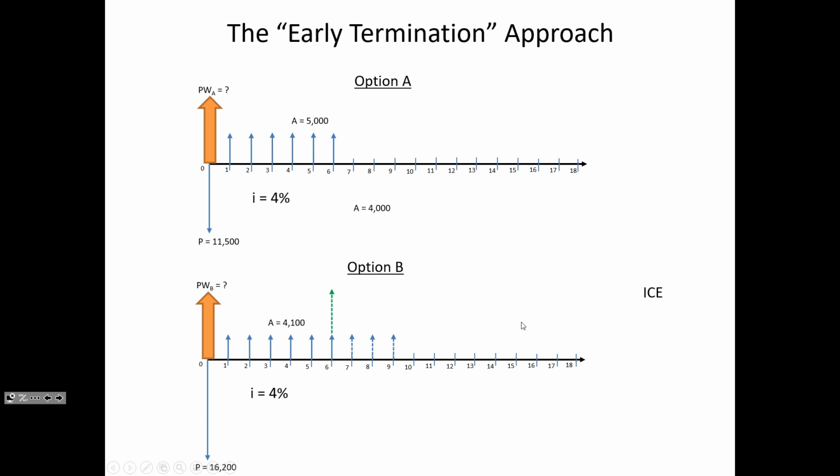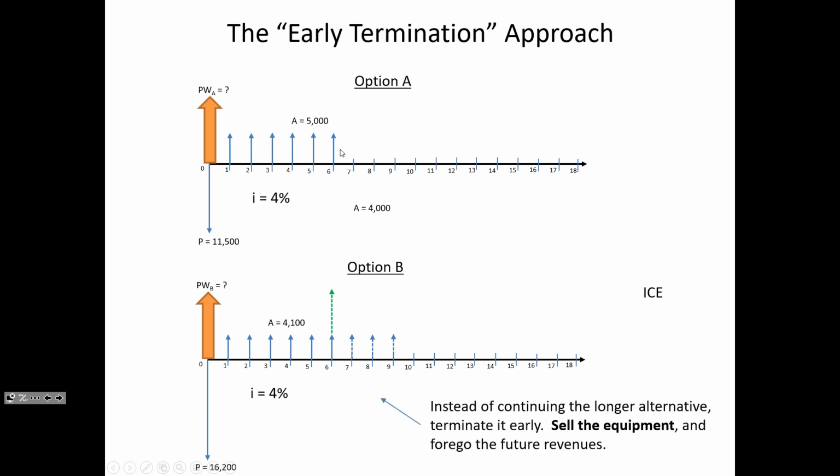So this green arrow here is the lump sum equivalent of selling the item. Instead of having revenue in year 7, 8, and 9, we'll find someone to buy this equipment for us, and we're going to take it as a single lump sum in year 6. So now they have the same useful life if we do that, and we can do a present worth analysis once they have the same useful life.